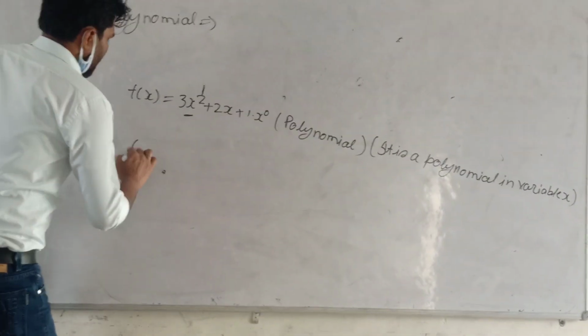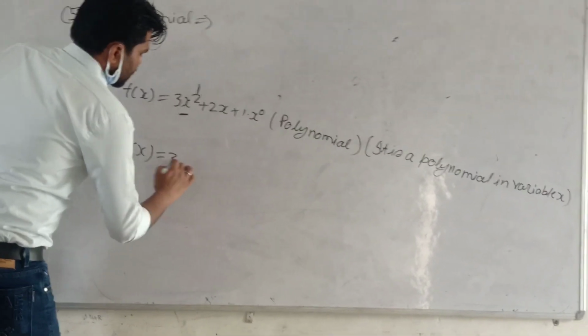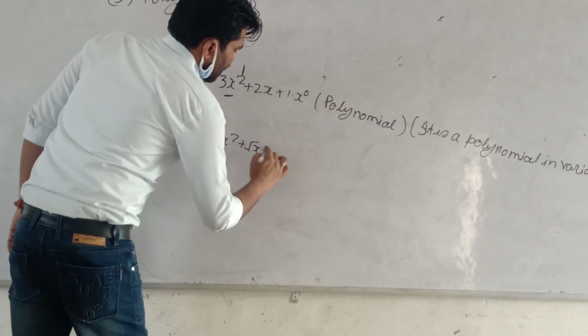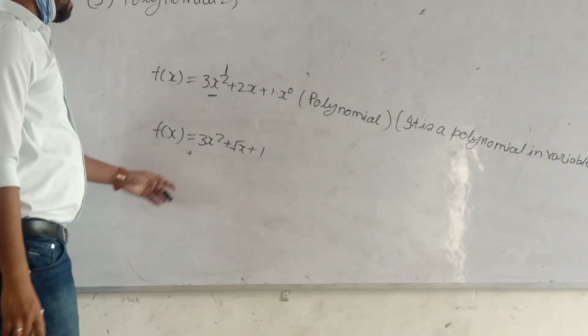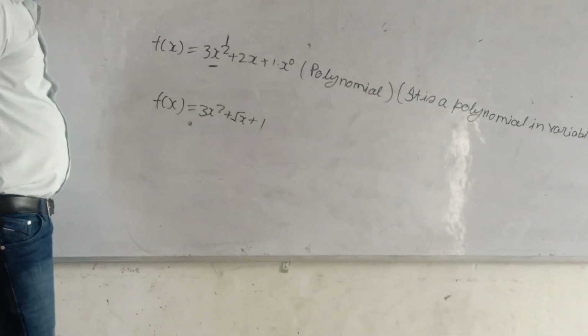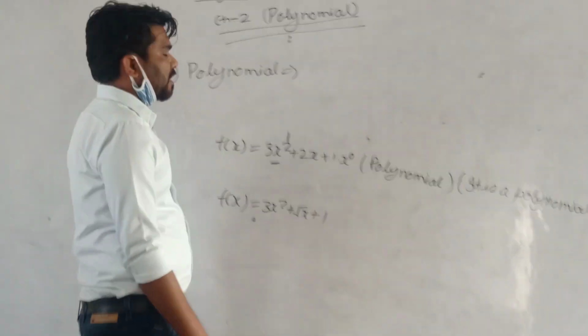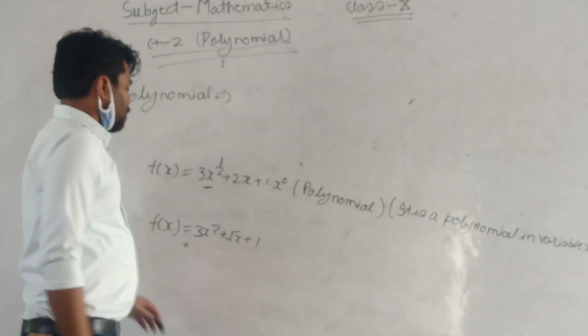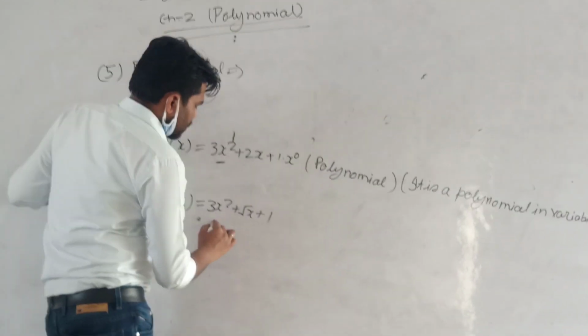Second, f(x) is equal to 3x square plus root x plus 1. Is this a polynomial or not? In this equation, we can see that the variable involved is x. The power of variable in this term is 2.